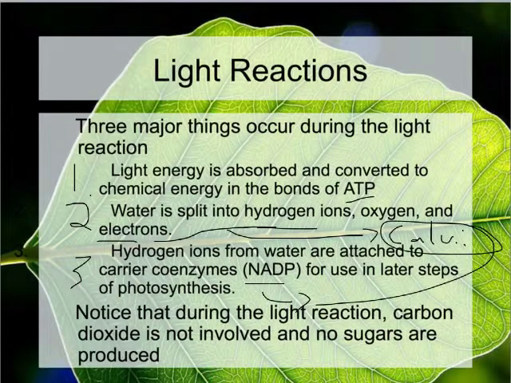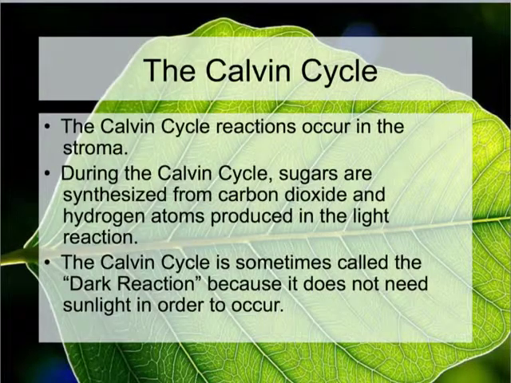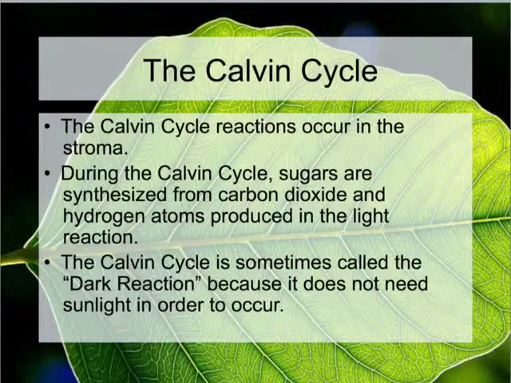The biggest things: you think of photosynthesis, you think, oh, it uses carbon dioxide, oh, sugars are produced. We haven't done that yet. No carbon dioxide is used and no sugars are made. Take a guess where that happens. That happens in the Calvin cycle, also known as the dark reaction or light independent. They're all the same term.